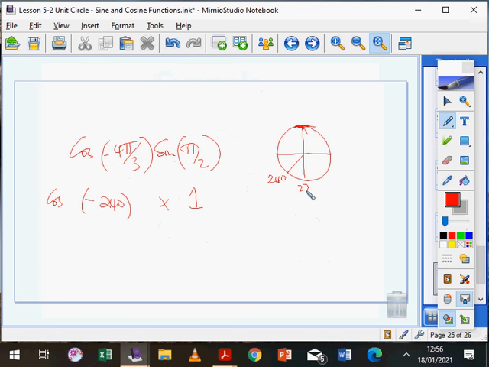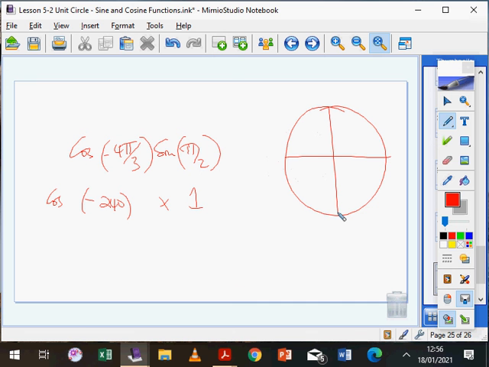Negative 240 is going like this. It's going to be in that quadrant, because this is negative 180 and this is 0. The reference angle from negative 180 to negative 240 is still going to be 60 degrees.